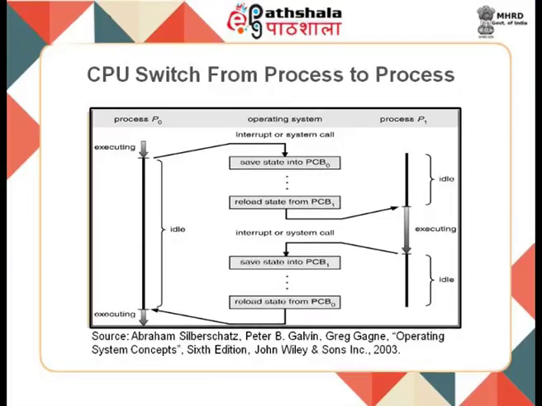Now, in this diagram you can see that process P0 is executing, that is, it is currently in the running state, and now there is an interrupt and the process has to move back to the ready state.